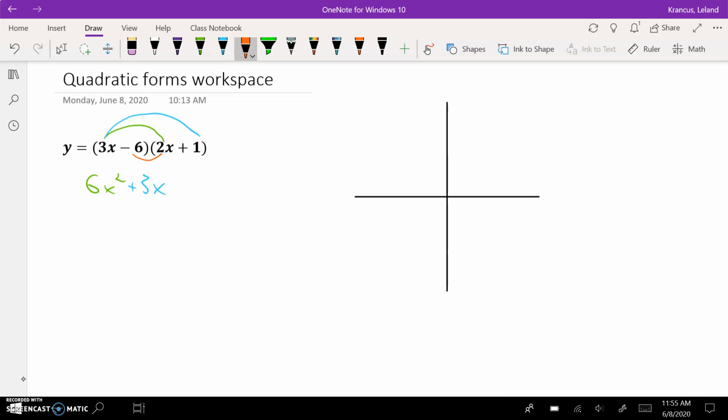Negative 6 times 2x gives us negative 12x. And negative 6 times 1, the last in each of the binomials, gives us negative 6.